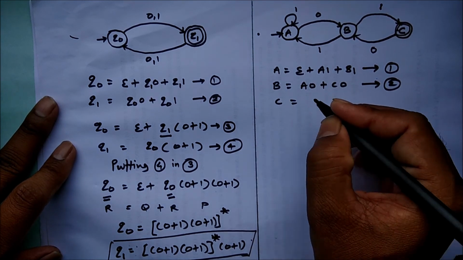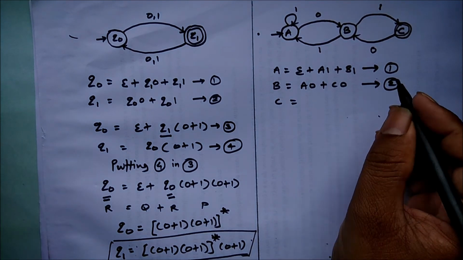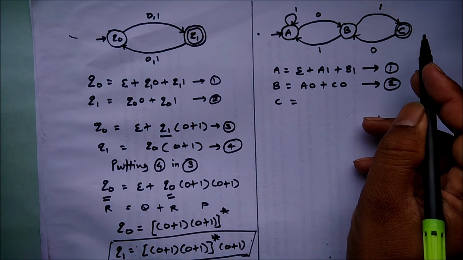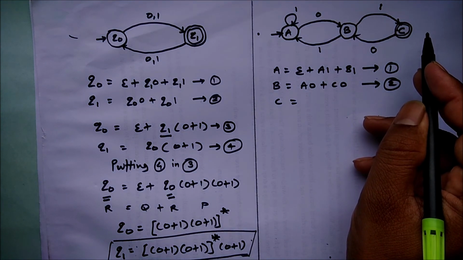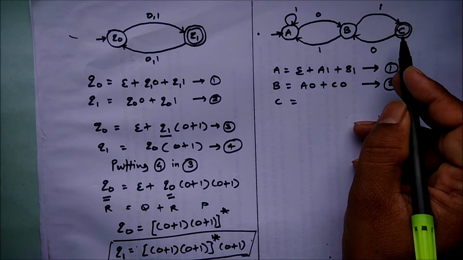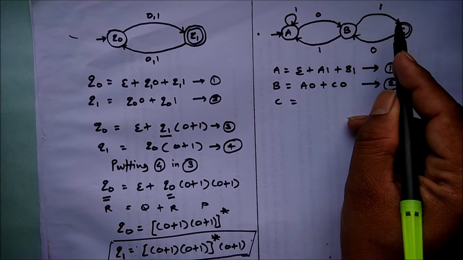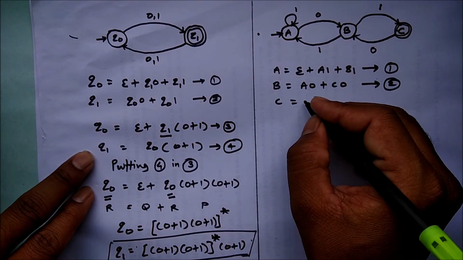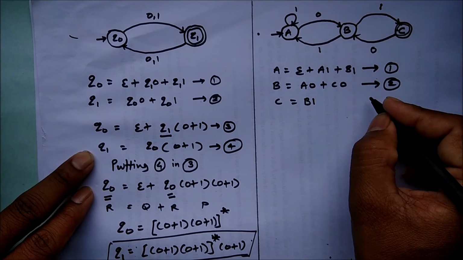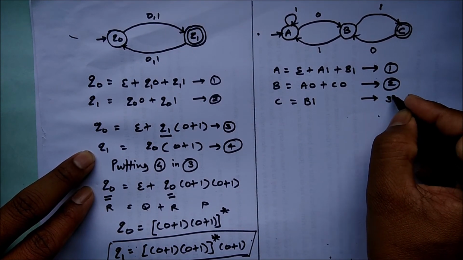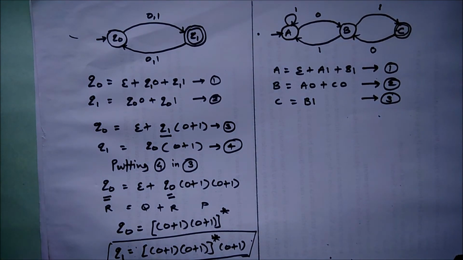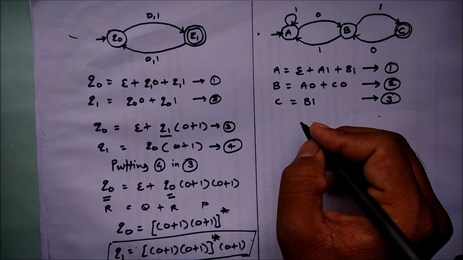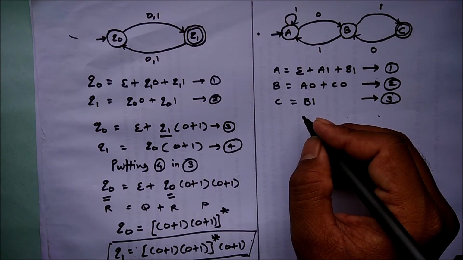And for C, we can see one incoming arrow, and that is B with input 1. So this is equation number 3, right?